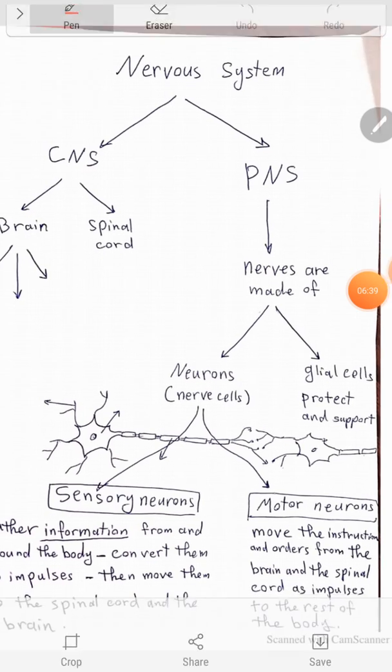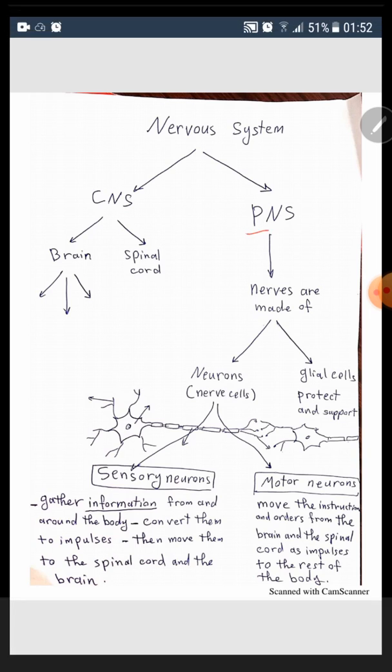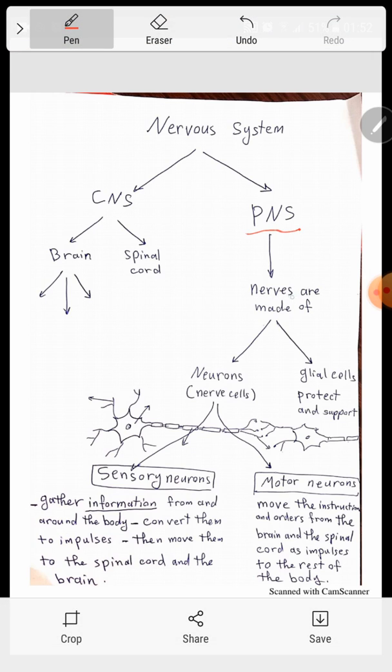As I used to summarize the information in the class, this is the concept map for this lesson. The peripheral nervous system is made of nerves. These nerves are made of neurons. The neurons are the nerve cells. Here is the nerve cell, as you see, that has the star shape.